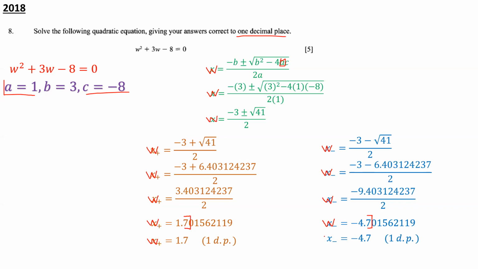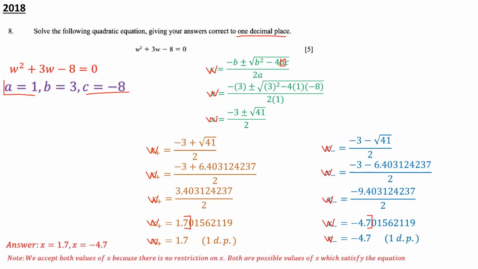So it's -4.7. So that means that the answer is going to be 1.7 and -4.7, and that is correct to 1 decimal place. Notice that we accept both values of W. And by the way, it's supposed to be W, so W is equal to 1.7 and W is equal to negative 4.7.